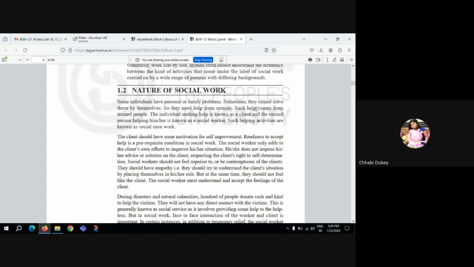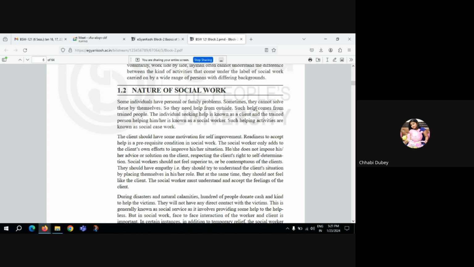And this readiness to accept help is a very important condition for social work. So you need to have a client who is ready to accept help. You cannot help a client unless he or she wants to be helped. So this readiness to get help should be there.